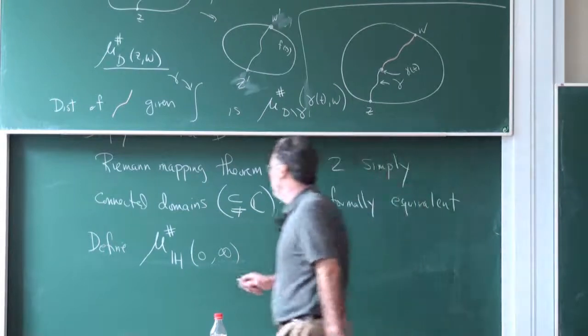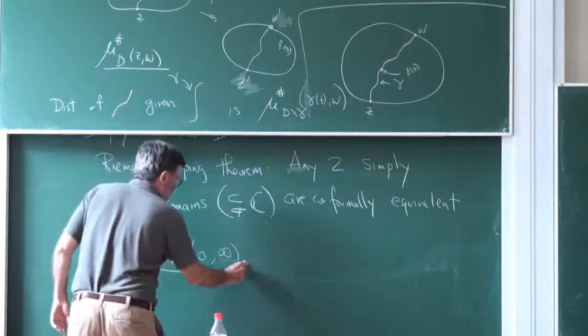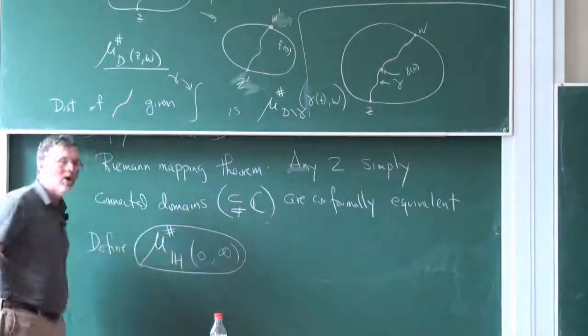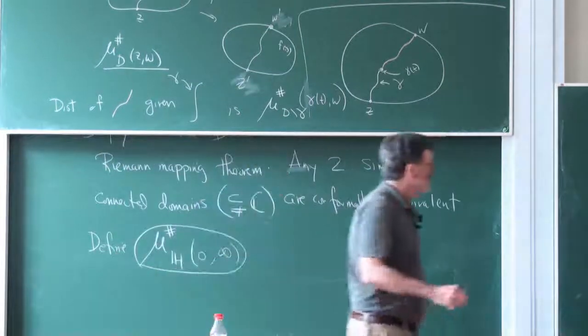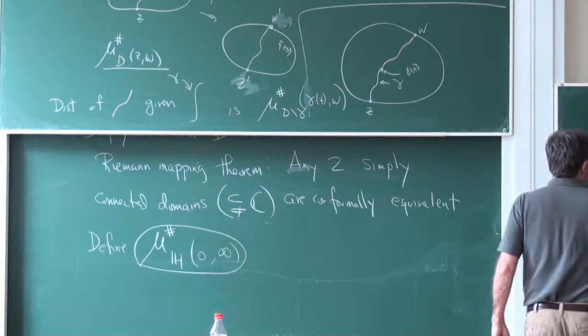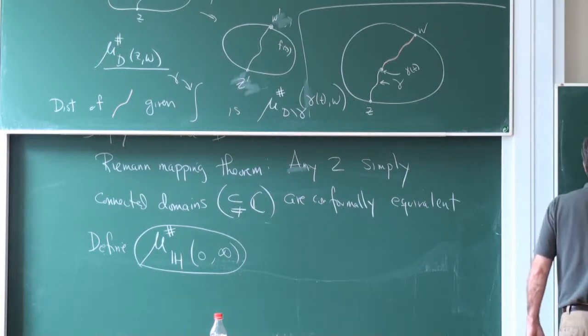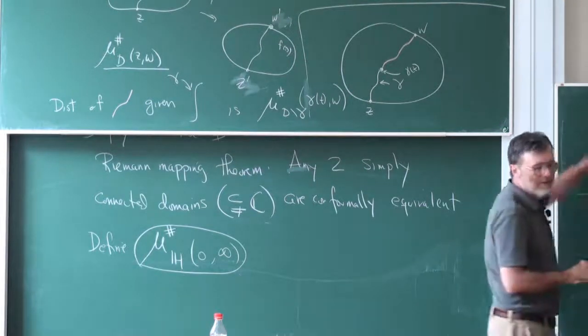So now we're going to assume we have a probability measure on curves from 0 to infinity in H.